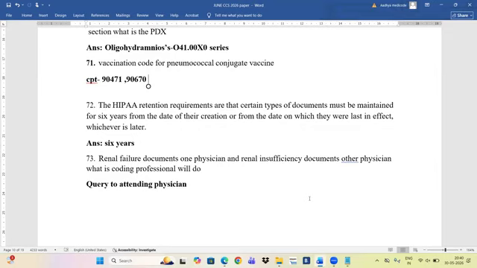Okay? So look under vaccination, pneumococcal conjugate, check. Sir, in CPT, sir? CPT.